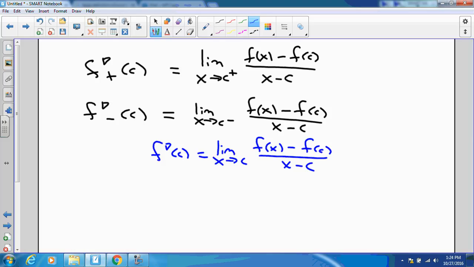this is the derivative at C, so that we can observe that the derivative here can exist if and only if the derivatives from left and right are both the same. And so that was our two-sided derivative theorem, the two-sided theorem for derivatives.